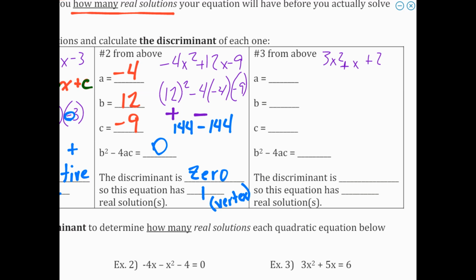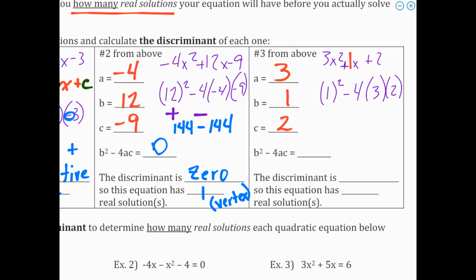So any guesses on what type of discriminant we're going to have on this one? My A is 3. My B is what? Not X, it's 1. It has to be a number. And my C is 2. So I've got 1 squared minus 4 times 3 times 2.